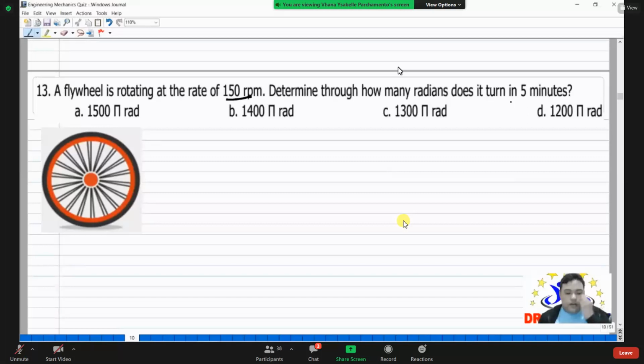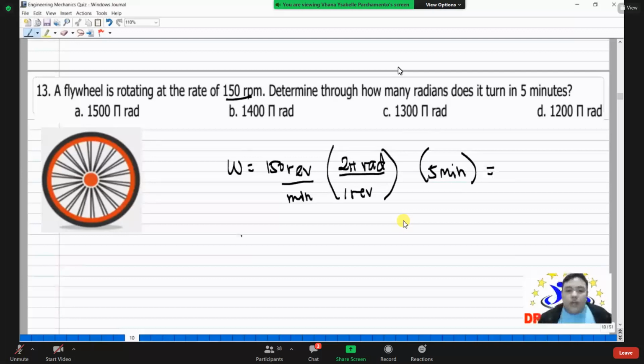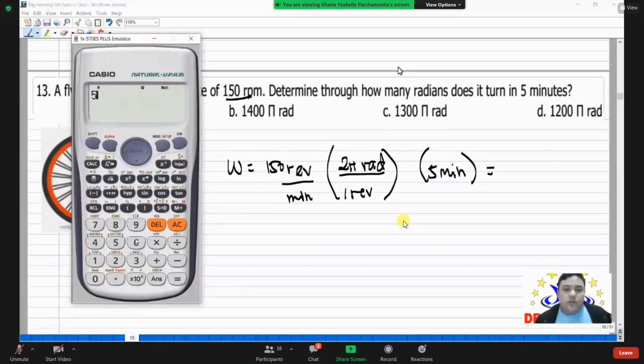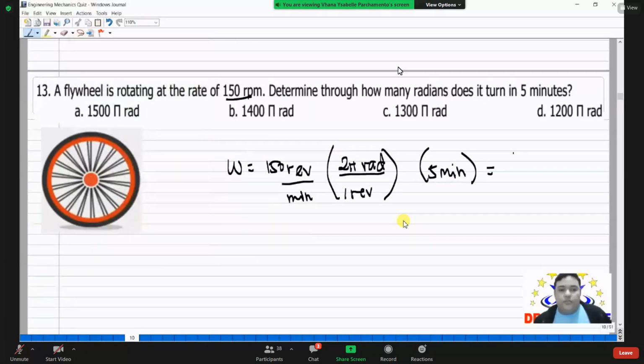So that is 2 pi rad, so radians kasi yung hinahanap, all over 1 revolution. Yan, conversion. So may times tayo ng 5 minutes para makuha natin yung total number of radians na inikot niya sa loob ng 5 minuto. 5 times 150 times 2 pi. So that is 1,500 pi radians. So this is letter A.